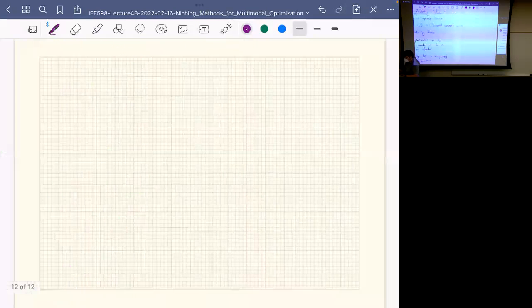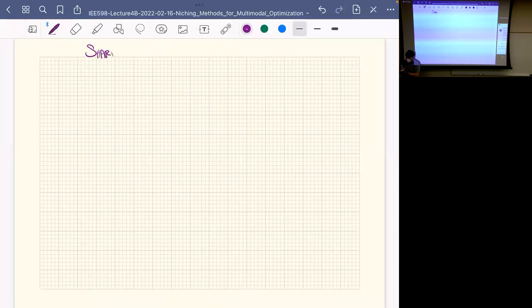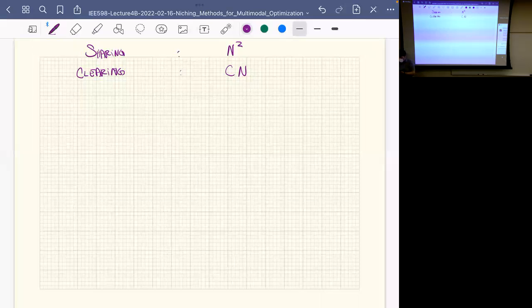There's a more detailed analysis in the paper, but as an example, simple sharing has a complexity of n squared because you've got to compare every individual to every other individual, whereas clearing is closer to some constant multiple of n, or at least it's less than order n squared.